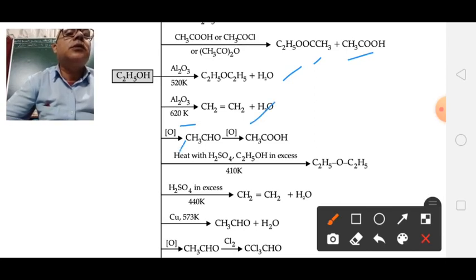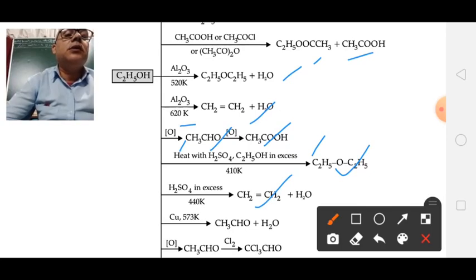By oxidation primary alcohol gives acetaldehyde, and further oxidation gives acetic acid. Heating with H2SO4, with ethanol in excess, it gives ether. With the sulfuric acid in excess it gives the alkene.